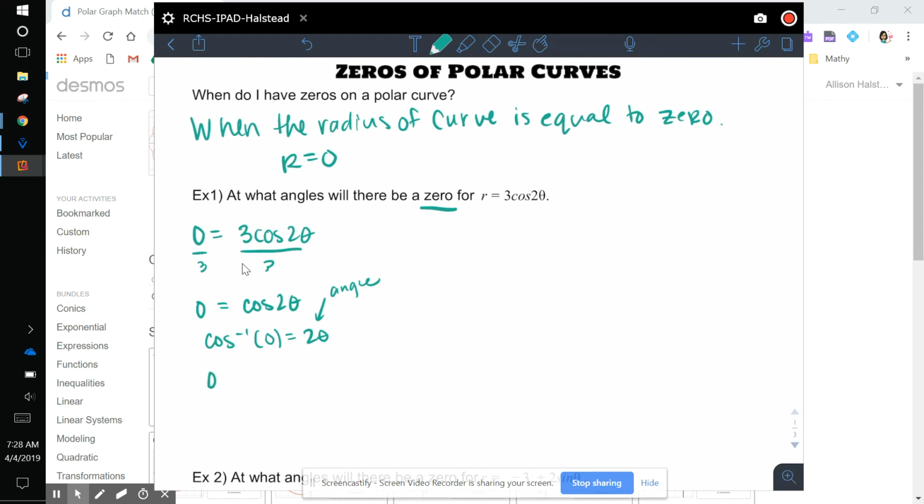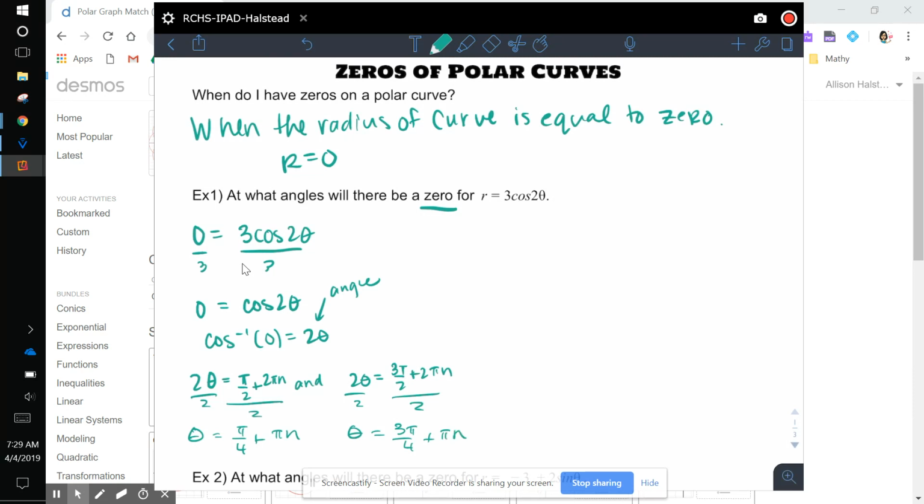So when 2 theta is equal to pi over 2, and when 2 theta is equal to 3 pi over 2, and then we have to add our 2 pi times n. Then divide by 2 to get theta by itself. So theta is equal to pi fourths plus pi n, and theta is equal to 3 pi fourths plus pi n.